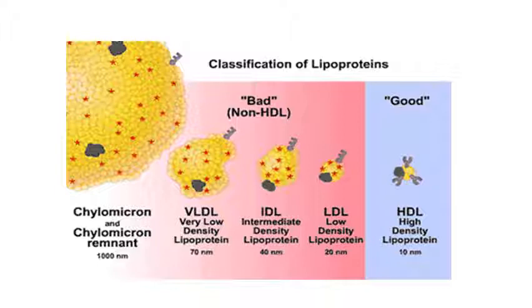As the triglyceride content decreases, the density increases. As you all know, fat is a low density compound, so less triglyceride content makes it high density. So you have chylomicrons and very low density lipoproteins, and you have high density lipoproteins which have less triglycerides.